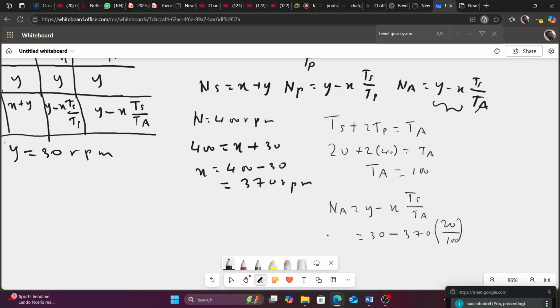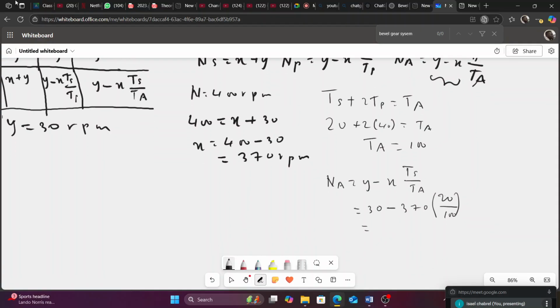When you do this, what is the speed of NA, guys? Negative 44.